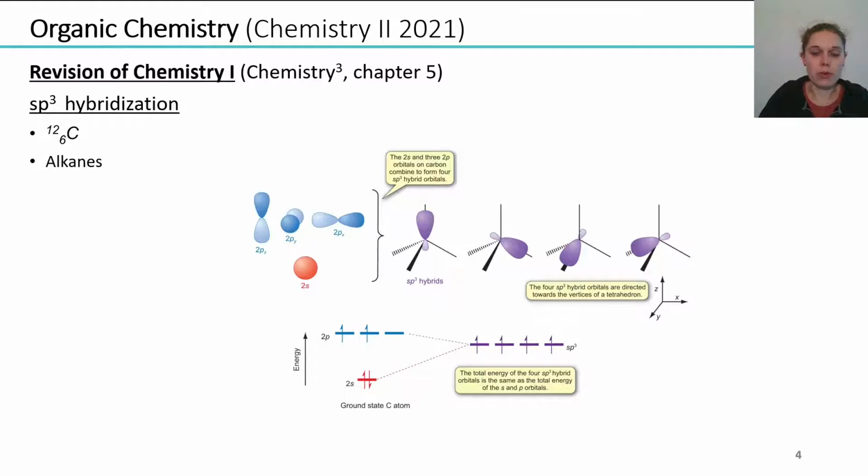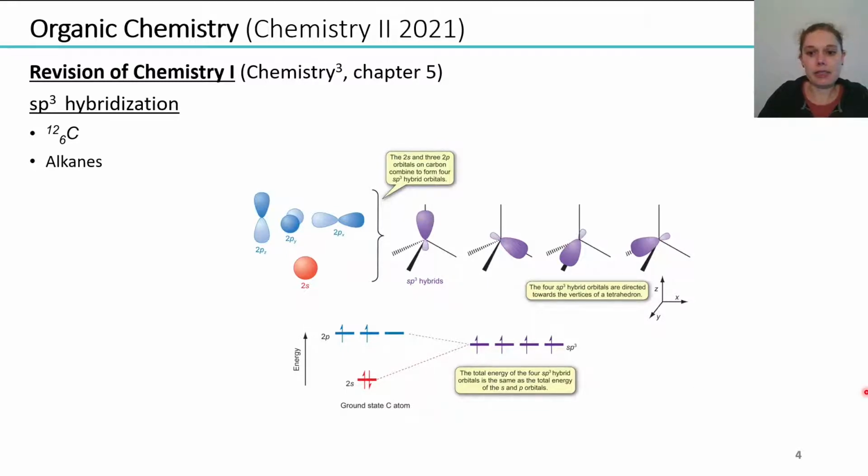This is really important to always remember. Also, the four sp3 hybrid orbitals are exactly the same in energy, so there is no difference between them. They are identical.